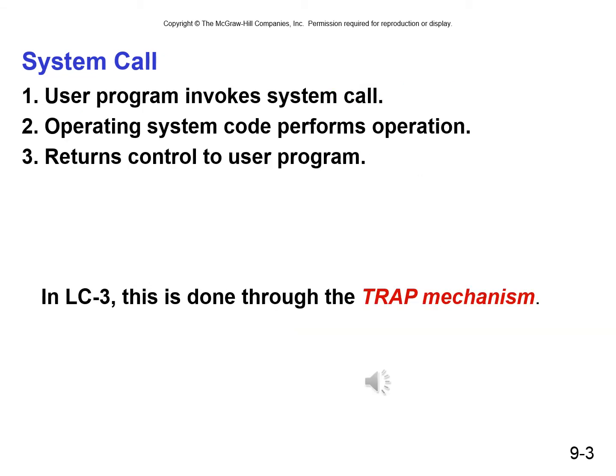A system call is invoked by code in a user program, and then the operating system handles the specific task in the system call and then returns control to the user program. In the LC3, we call these trap mechanisms or trap routines, and they are system subroutines.